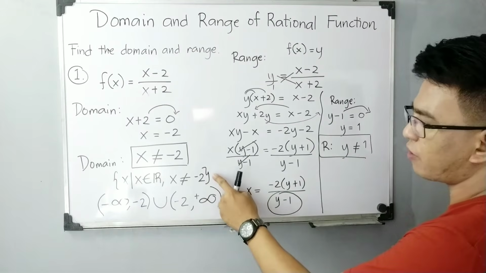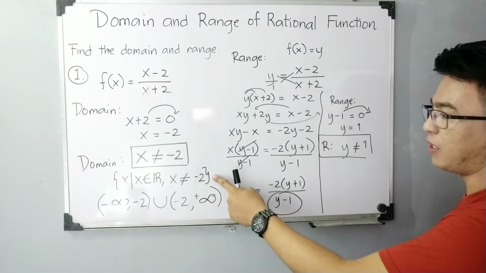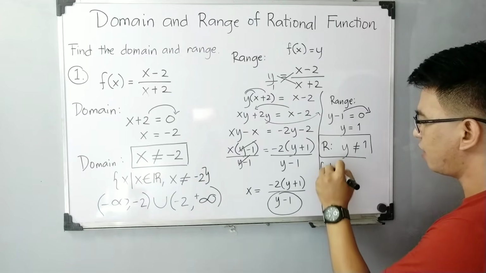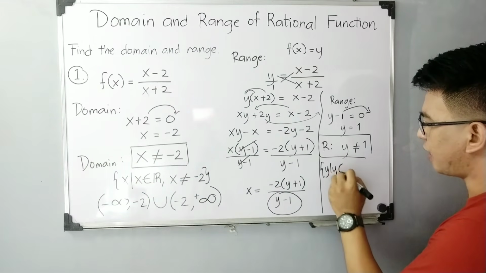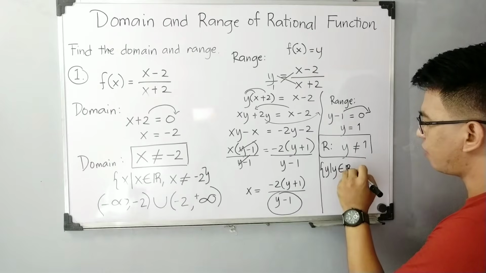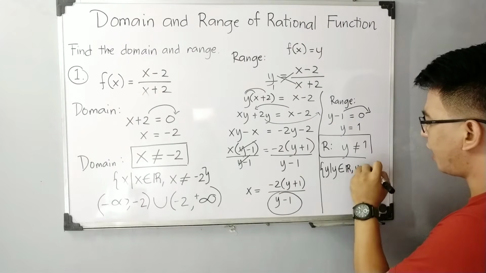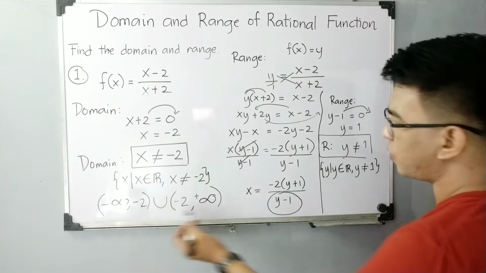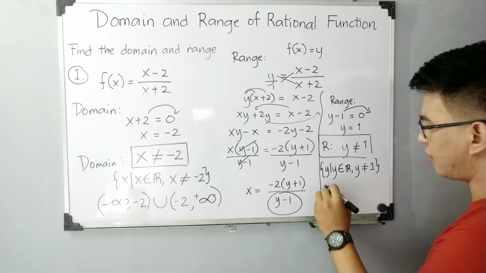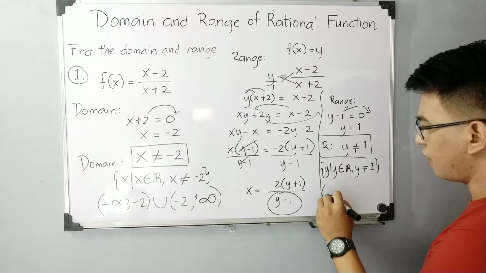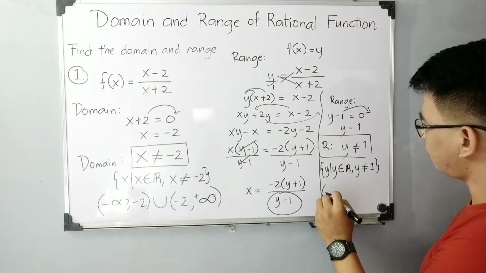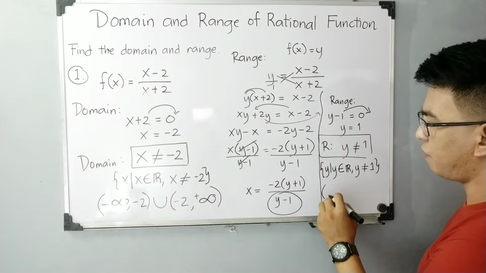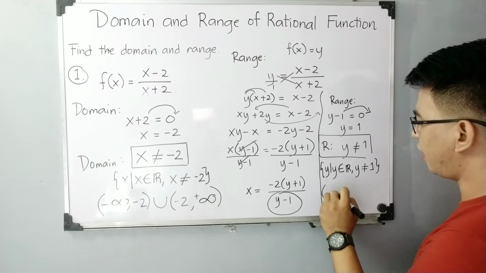Ngayon, if you want for this kind of set builder notation, pwede natin siyang gawin. We can have it as y such that y is an element of all real numbers where y is not equal to 1. Now, if you want the interval notation, you can have it as the quantity of positive infinity.